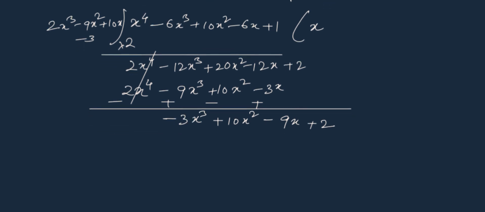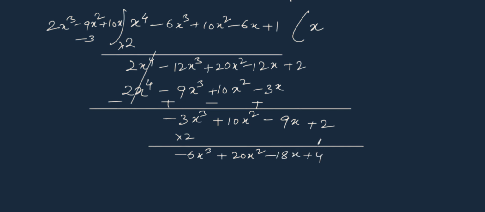Okay, multiply by 2, we'll get negative 6x cube plus 20x square minus 18x plus 4. Put here negative 3. So negative 6x cube, positive 18x square, negative 30x, positive 9.